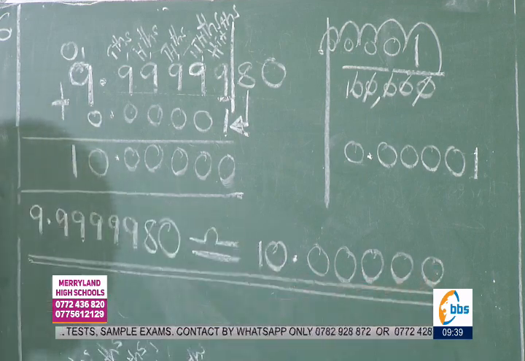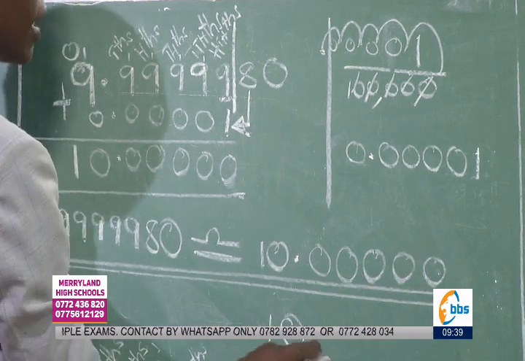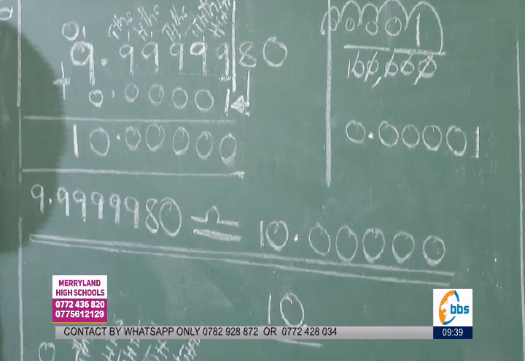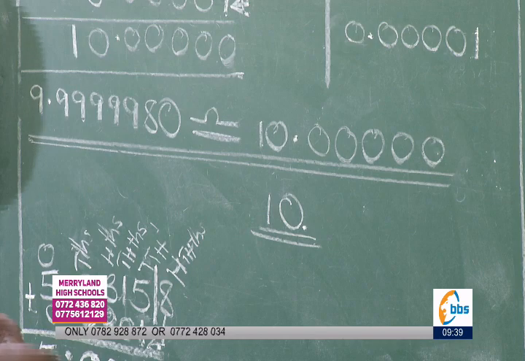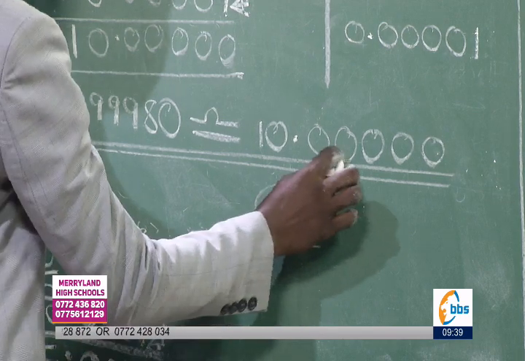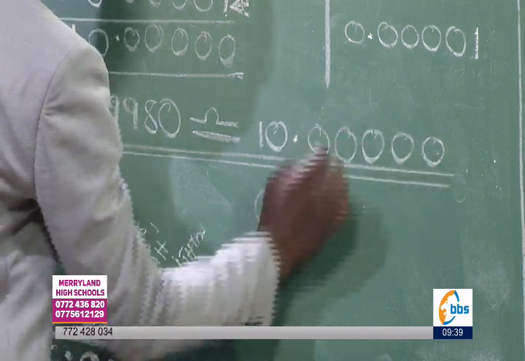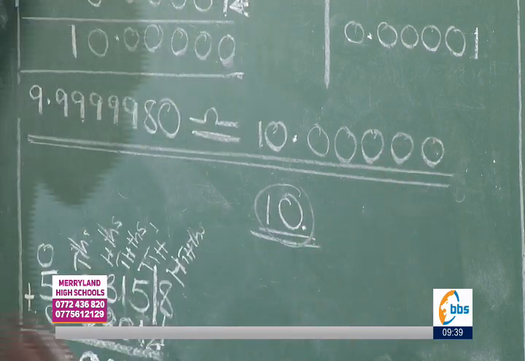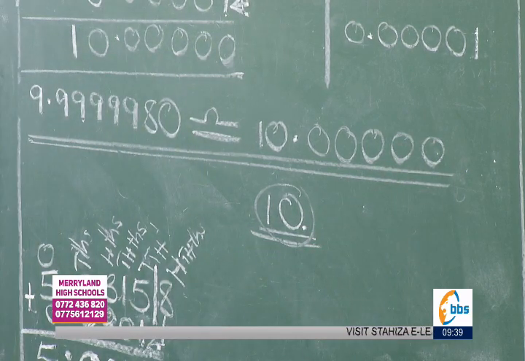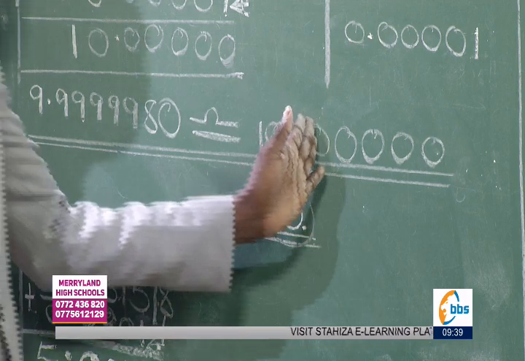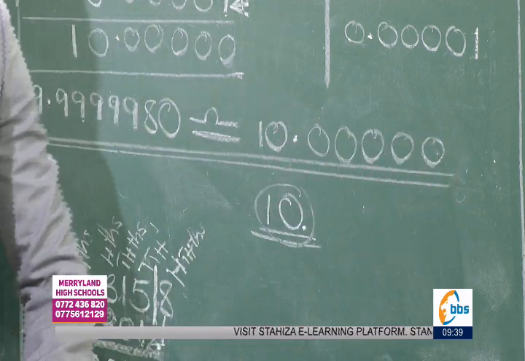Now, if you wrote and you only wrote 10, now 10 is a whole number, as if you were rounding off to the nearest whole number. That was very wrong. Your number was supposed to have 5 decimal places. Even if they are zeros, they are keeping the number of decimal places that are required. So don't ignore these zeros because they are zeros. Zeros at the end are useless?